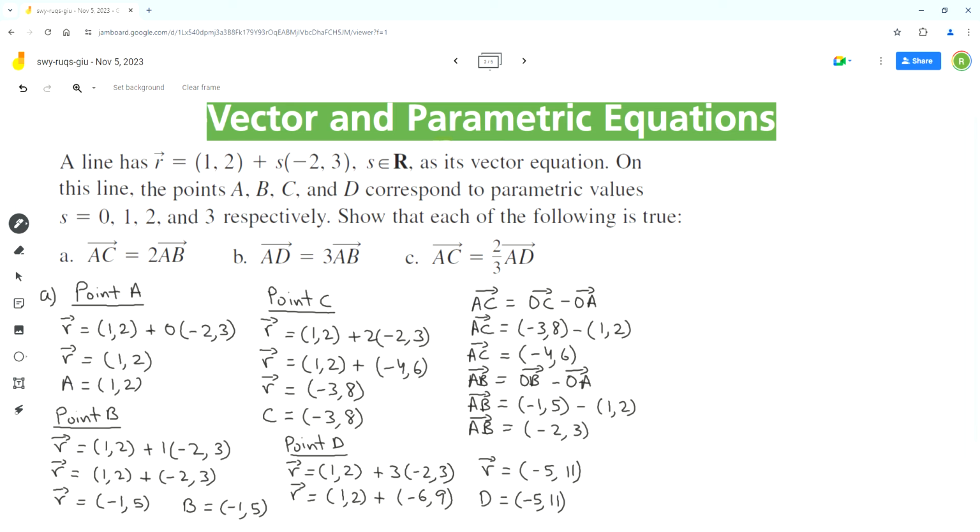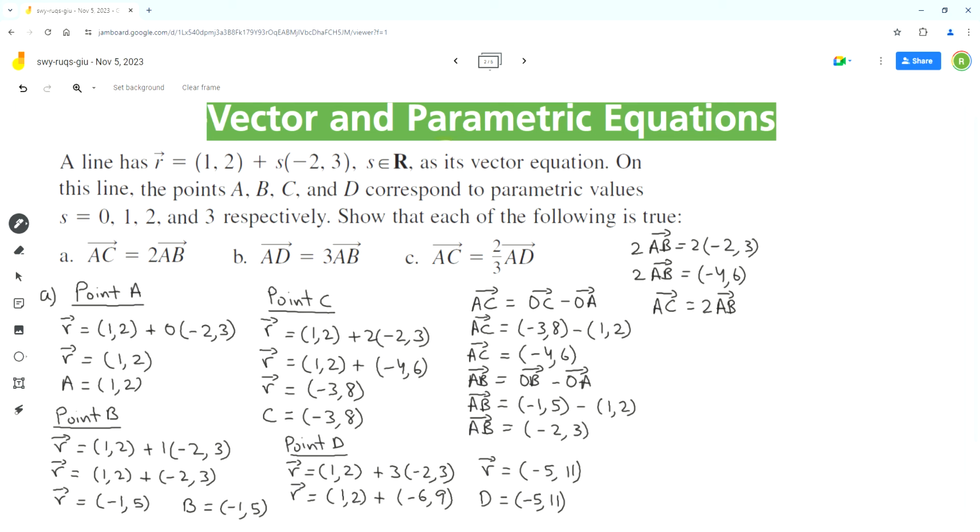Now we can multiply vector AB by 2. So we should multiply both components by 2. So we can see that vector AC is equal to 2 times vector AB. Therefore, the equation in part A is true.